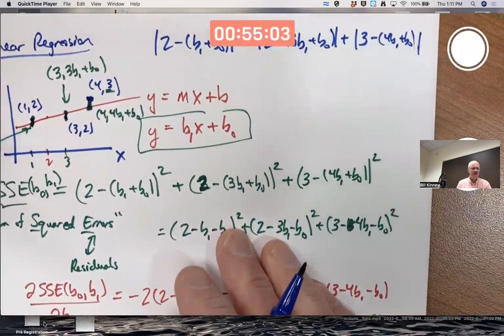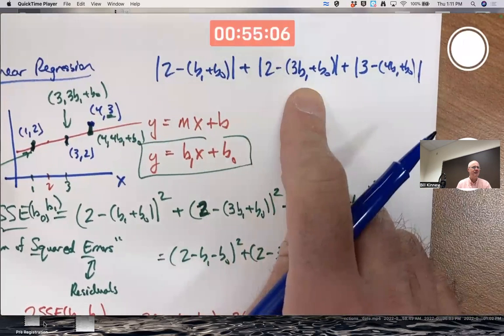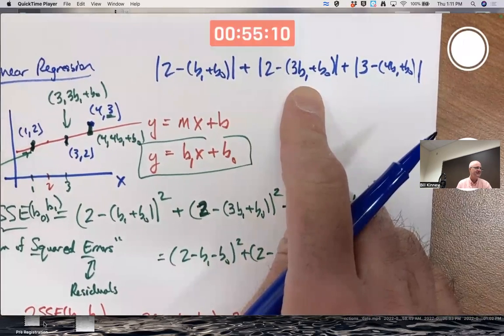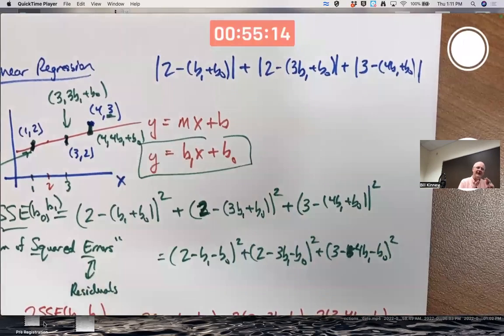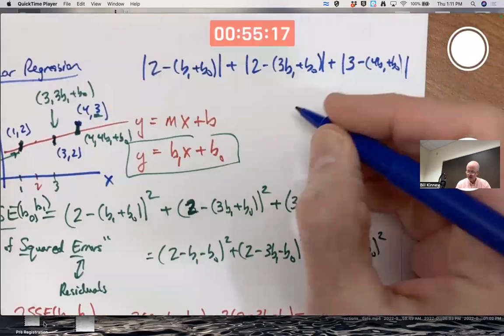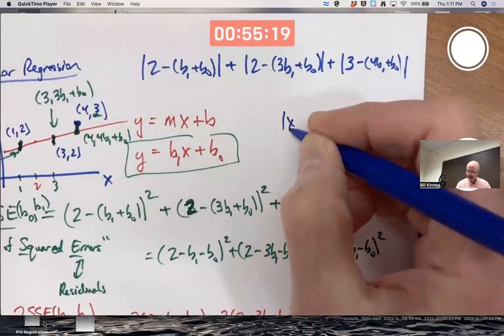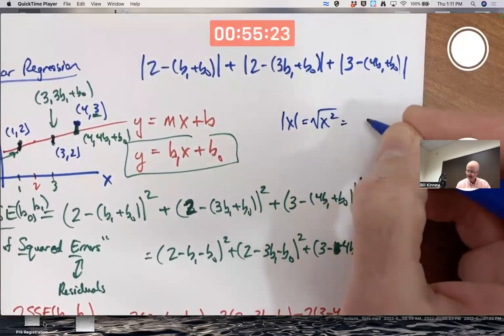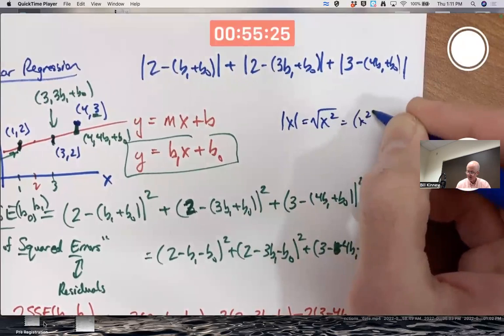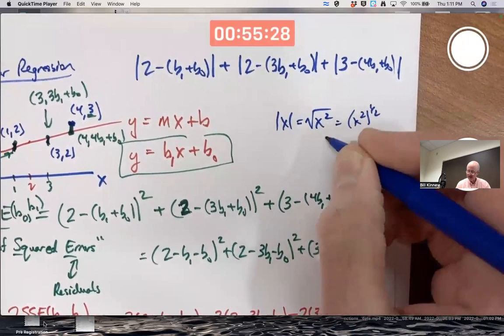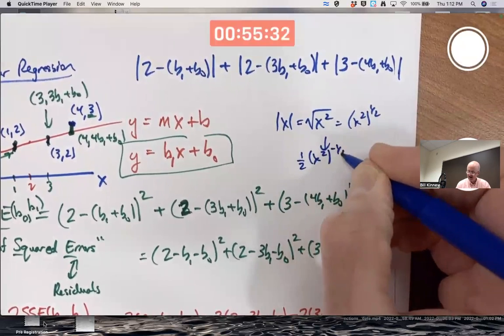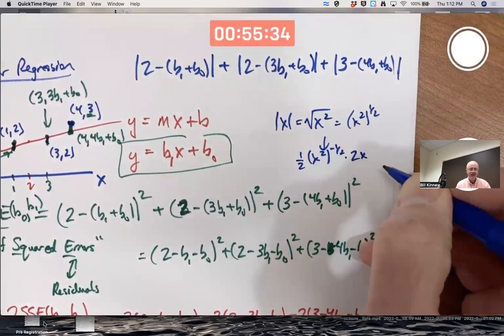Well, if we were trying to minimize this, how do you do that with calculus? Absolute values, that's not differentiable. At most points, at least. Well, I mean, you could try. It is true that the absolute value of a number x is the square root of its square. It's x squared to the 1/2. And when you differentiate that, it is technically differentiable as long as x is not 0.